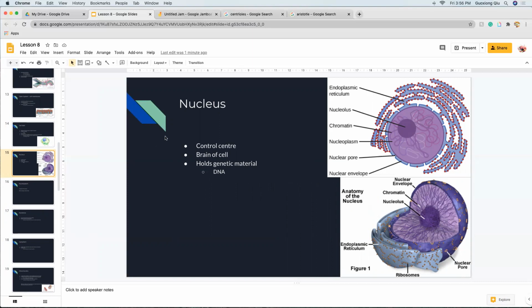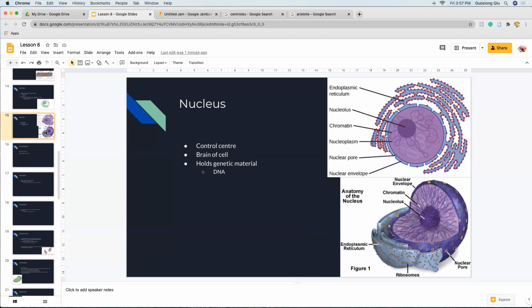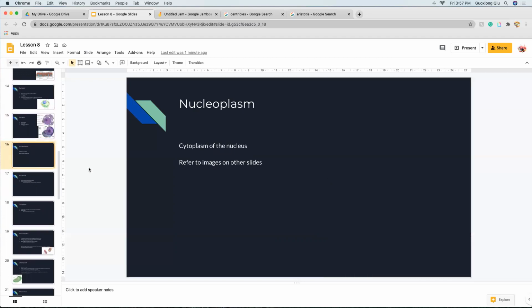The nucleus is, I think, the biggest organelle in the cell. So when you're looking under a compound light microscope, you'll usually be able to see the nucleus. As for other organelles, they're very hard to see under compound light microscopes. I'll explain more on that later.